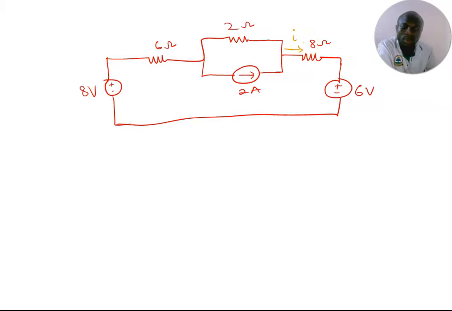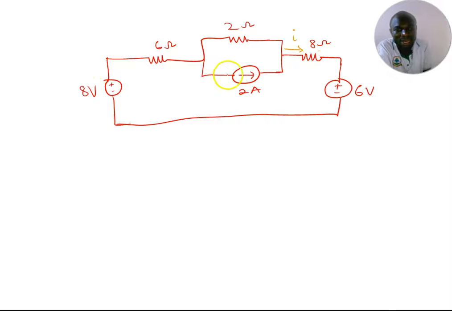Okay. In superposition, right, we made it clear that we are going to analyze the effects of each active element on the 8 ohm resistor. So if the active sources are acting alone, if each of them is acting alone, what is going to be their effect on the 8 ohm resistor?